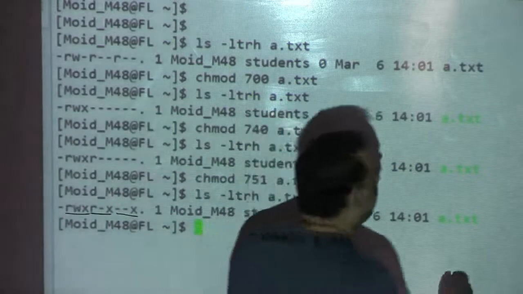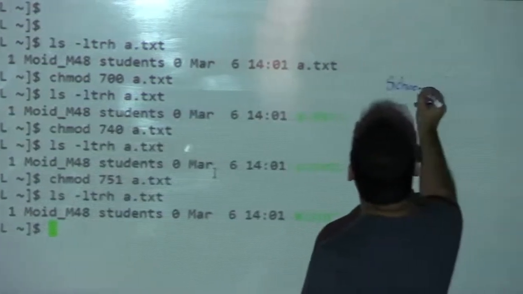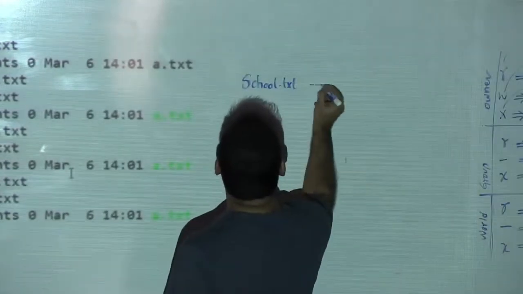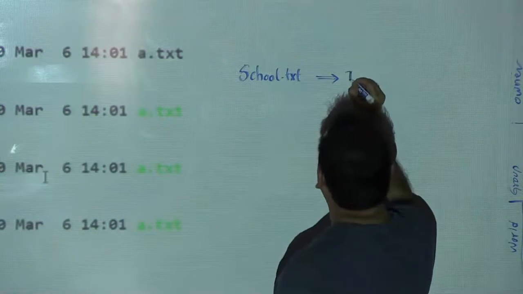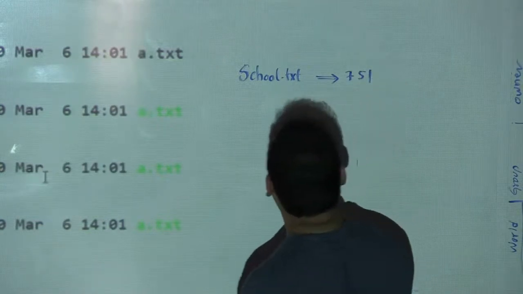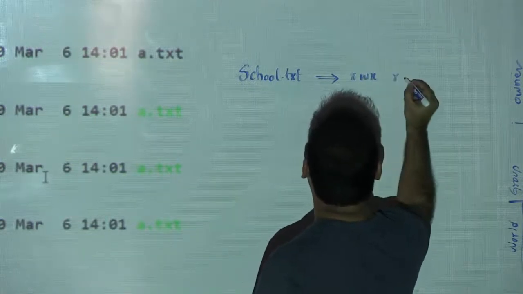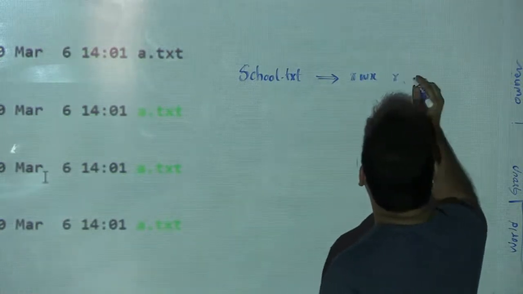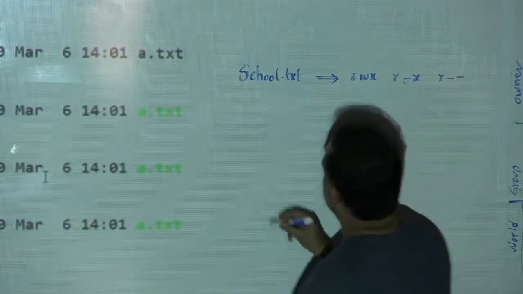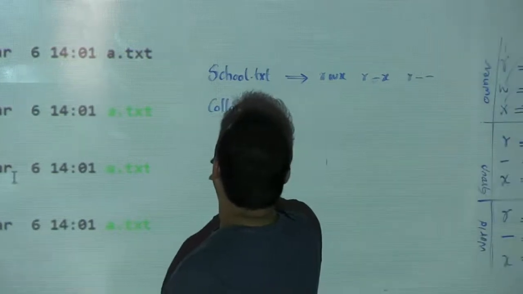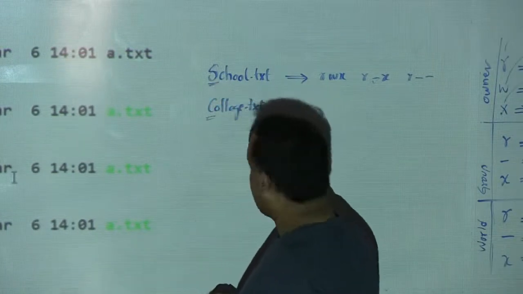So let's do a small exercise. I want you to create school.txt with the permission 751, or actually this: read, write, execute, read, read and execute, and then read this. And then I have college.txt. Make sure you are using capitals when I'm giving capitals here.